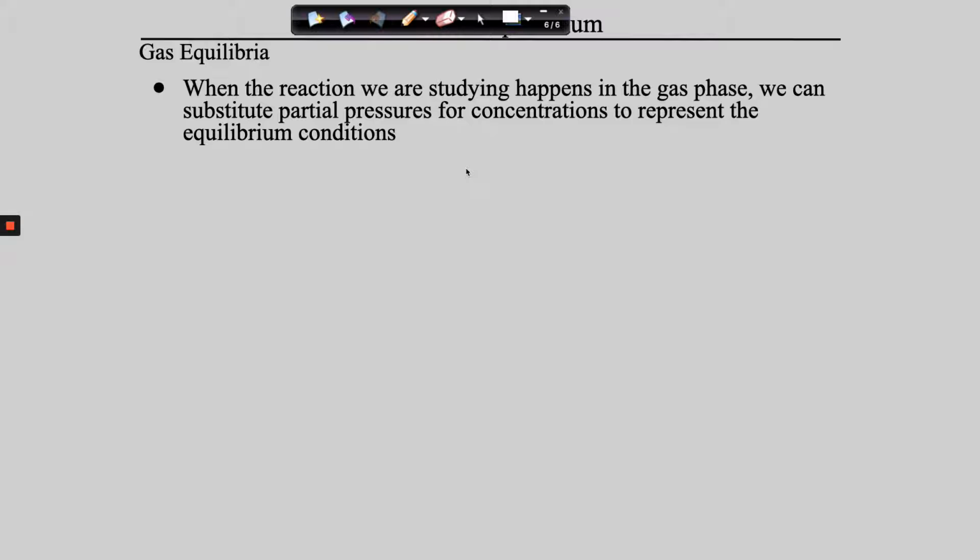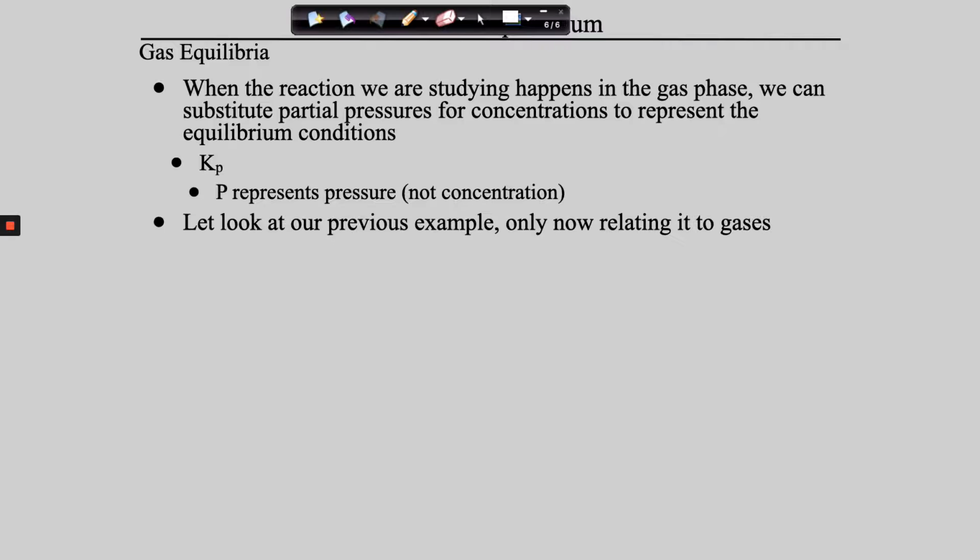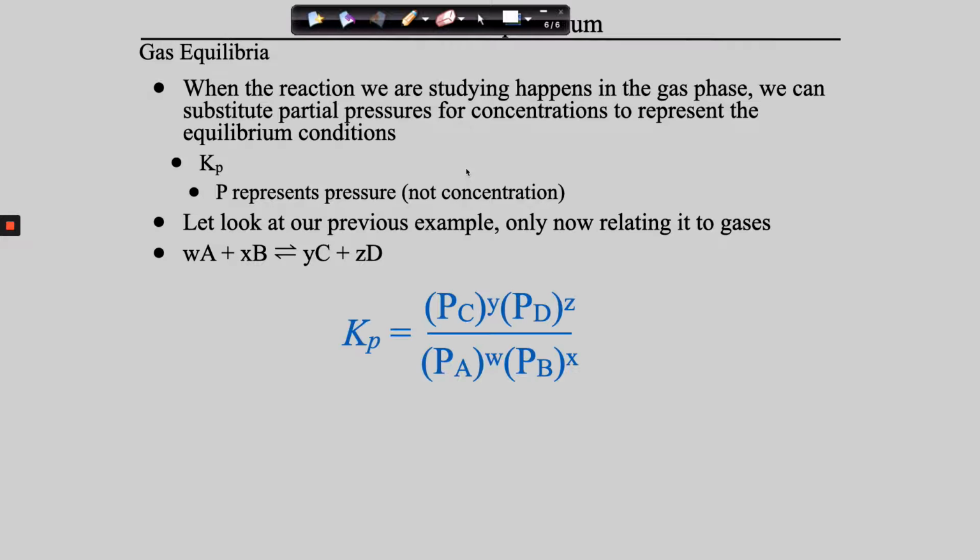So, guys, when we're studying gases, especially gas systems that go to equilibrium, we can represent and study gas equilibria similar to the way that we look at molarity equilibria. The only difference is instead of talking about Kc, we're now talking about Kp. But then, guys, notice the difference.